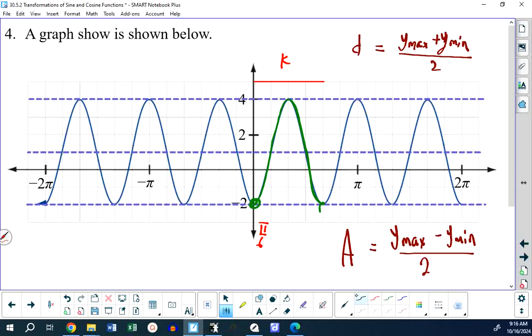This is pi over 6 to here, 2 pi over 6, 3 pi over 6, 4 pi over 6, 5 pi over 6, 6 pi over 6 is pi. Well, that means that this distance here is 4 pi over 6, which is 2 pi over 3. Okay. So we determine the period.